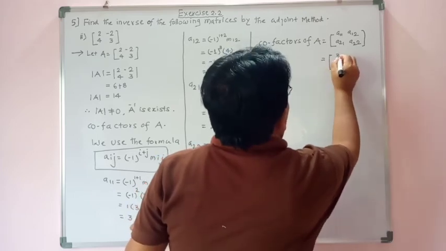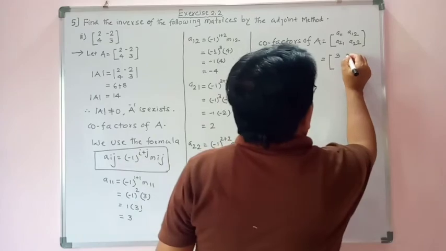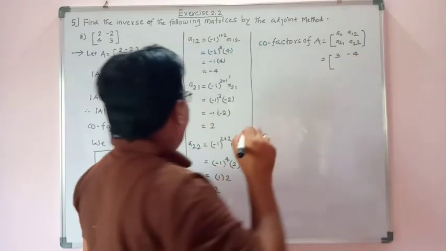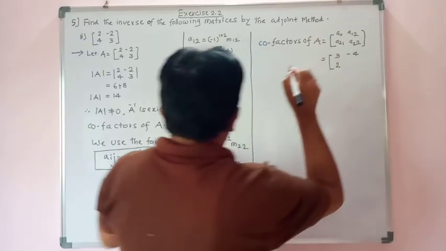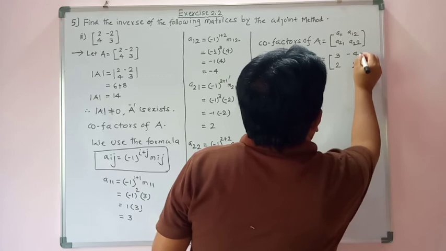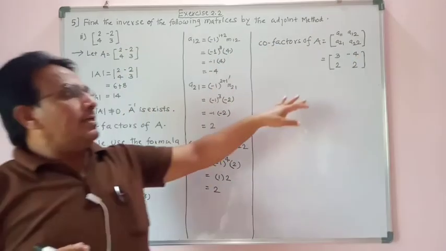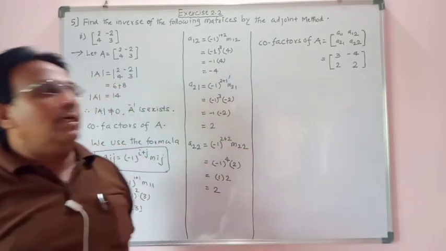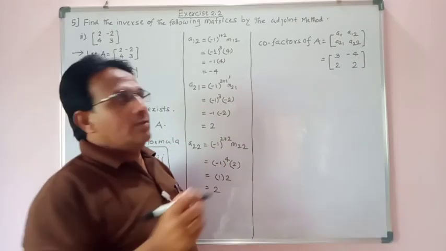A11 is 3, A12 is -4, A21 is 2, and A22 is also 2. This is the cofactors of A.